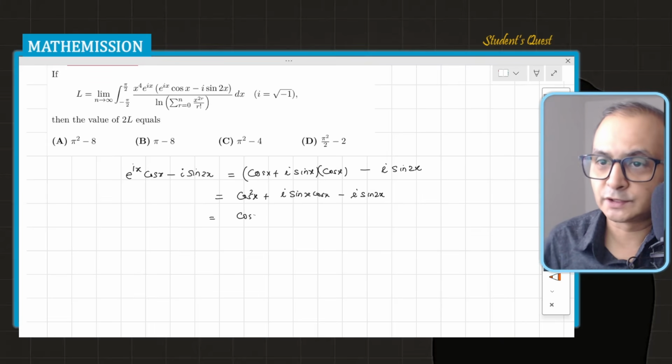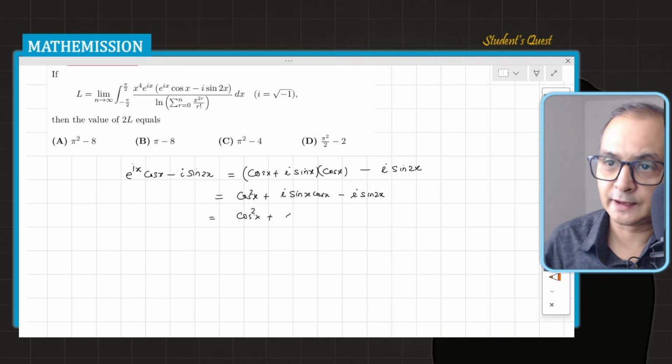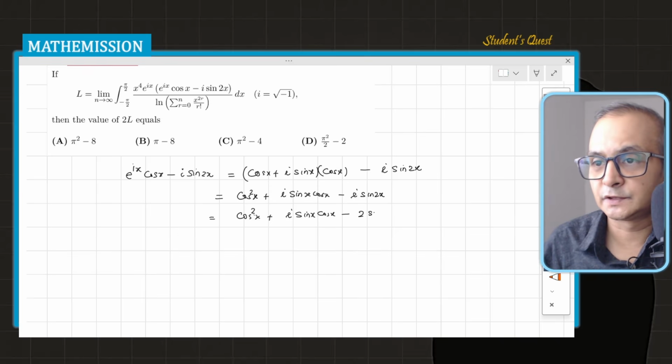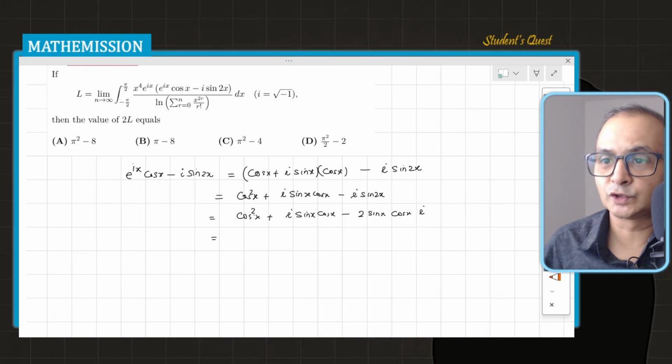So what I'm going to do is, this is cosine square x only, and here half sine x cosine x, and this is going to be 2 sine x cosine x with i. Now notice from all these terms I can take cosine x common.